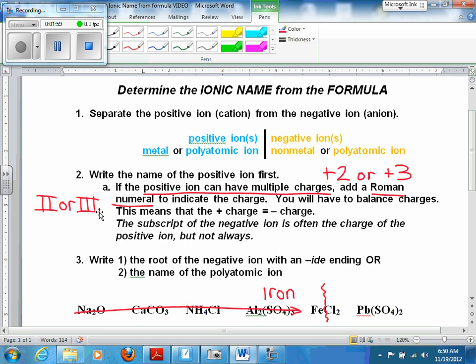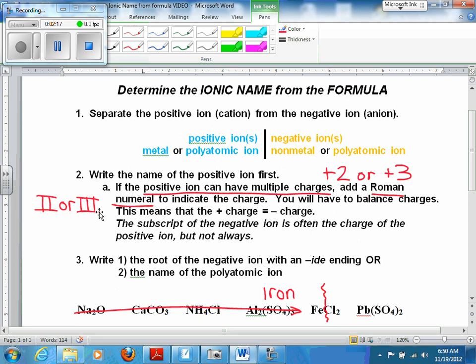You will have to balance the charges. This means that the positive charge equals the negative charge. Okay, so if you've got more than one element, like the chlorine has 2, you're going to have to take that into consideration.